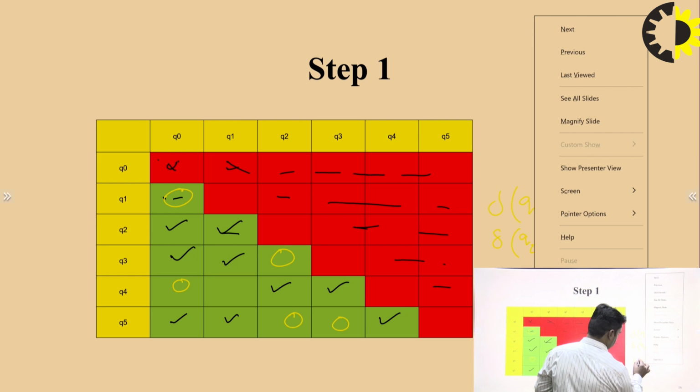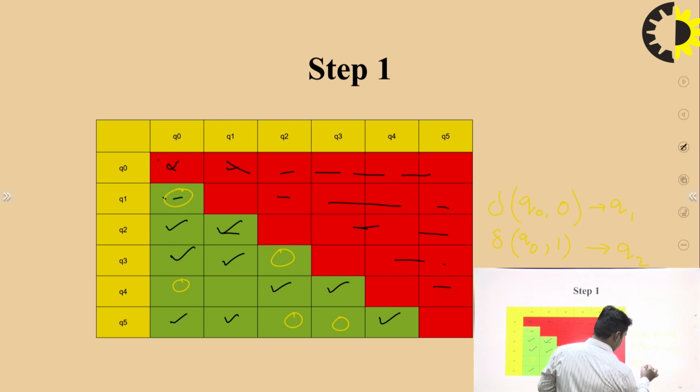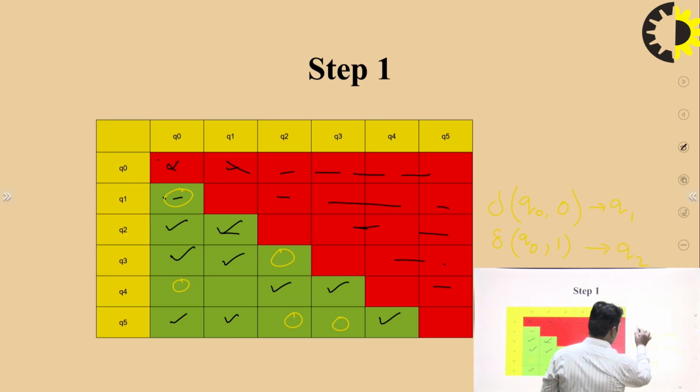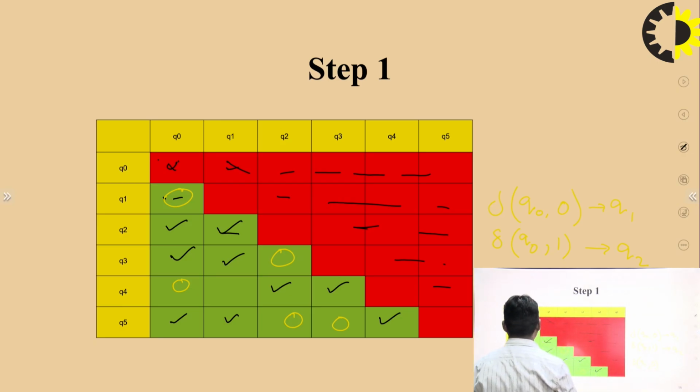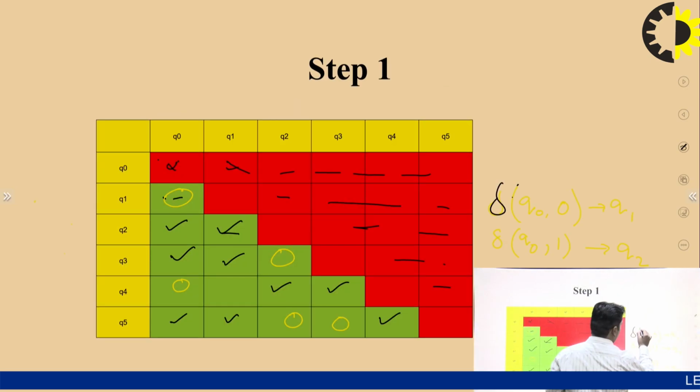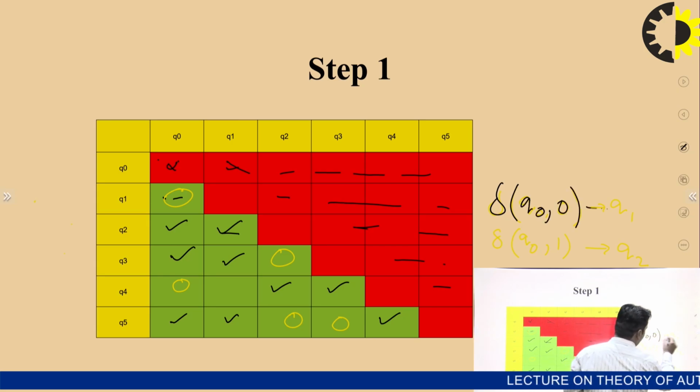Not same as for Q1 for 0. For Q1 for 0, we go with Q0. For the transition Q0 when 0, next state is Q1.